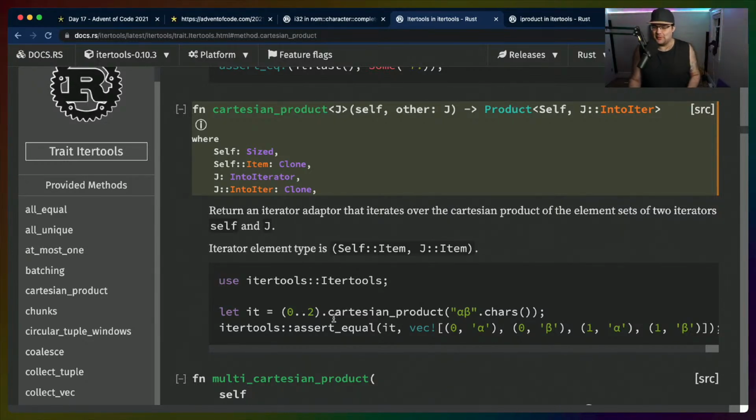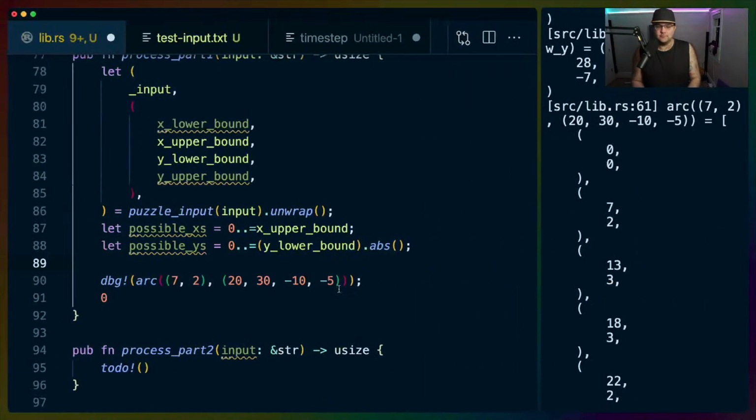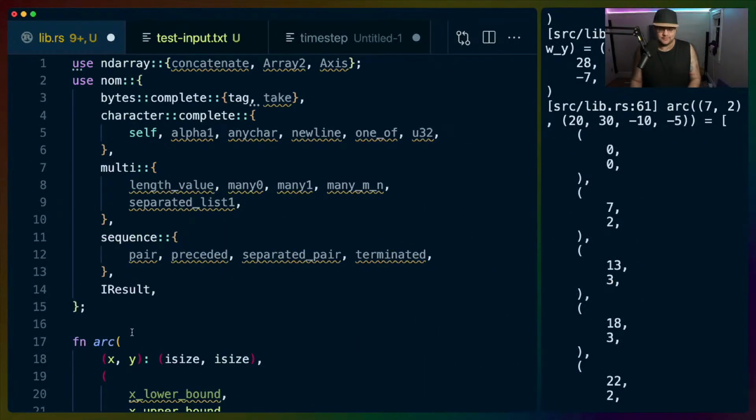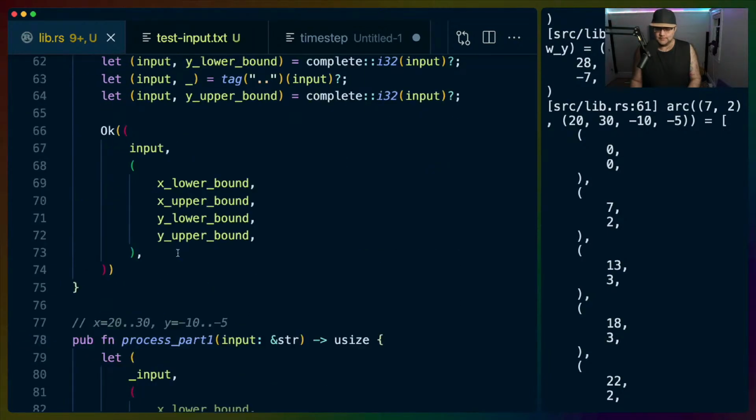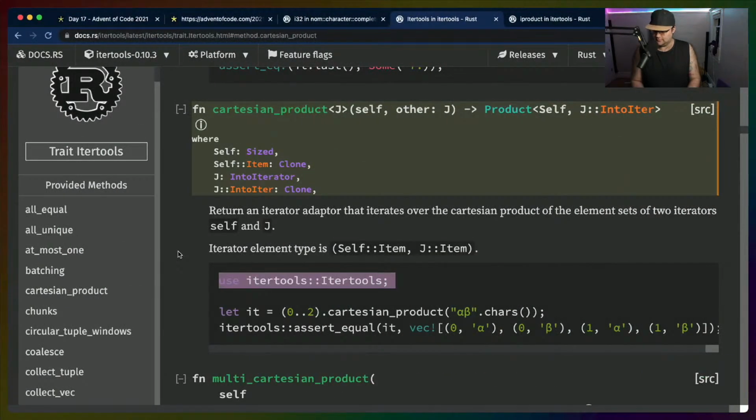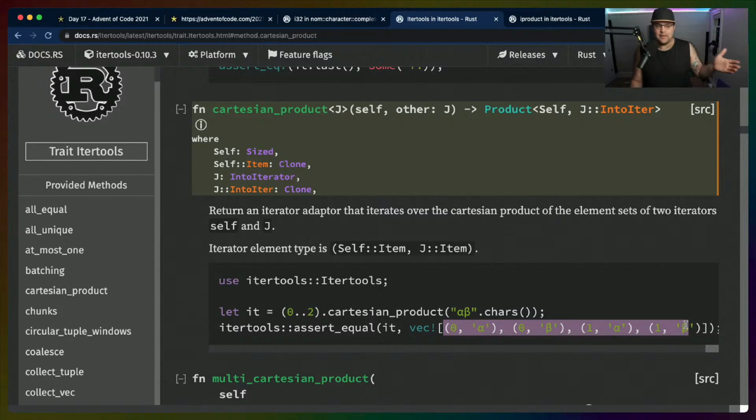Yeah, two nested for loops. Who wants to do that though? So basically you see we have a 0.2 here and cars here, and we get all of the combinations of both of them.